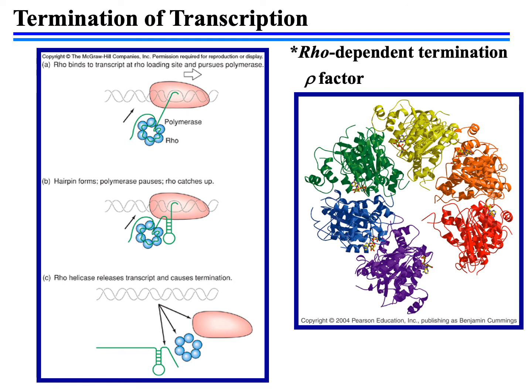There is also an inverted repeat sequence that is synthesized and a hairpin forms, and you can see that in the center of the figure. When that hairpin forms, that allows the Rho factor to catch up to the polymerase, and the thought is that the Rho factor knocks the polymerase off of the template and dissociates the whole complex. And this is how Rho-dependent termination occurs.